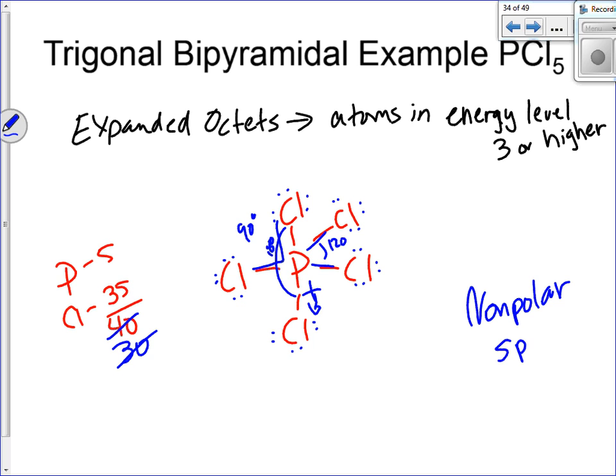You know, sp3d orbitals combining. You have your 120s, you have your 180, like right here, this is the 180. And you have your 90s, and then your 120s.